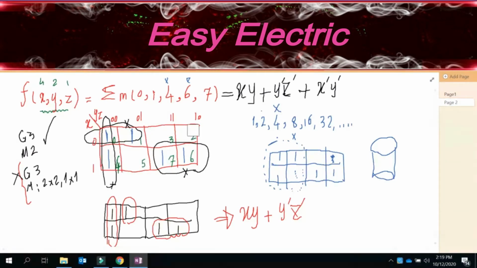Let me rearrange this. So z prime plus. So this is the right selection. That means these two parts are exactly the same as what you have here. And right now I'm writing the corresponding term for these wrong groups.